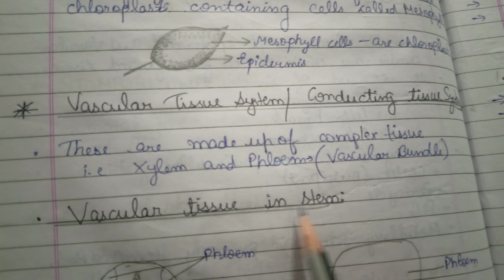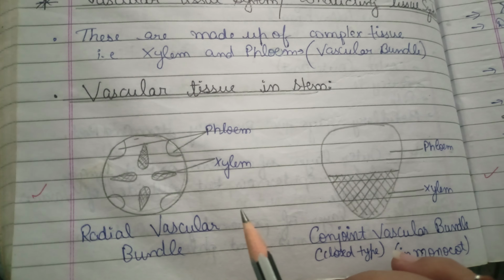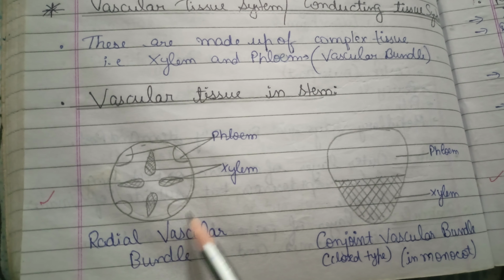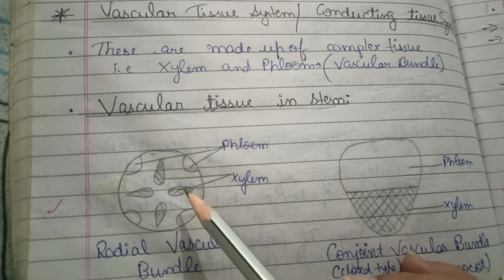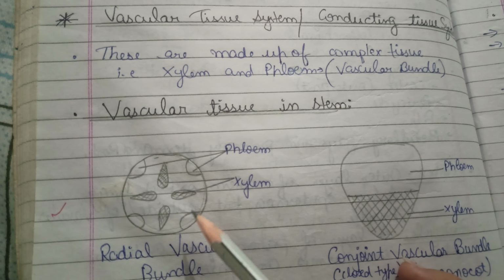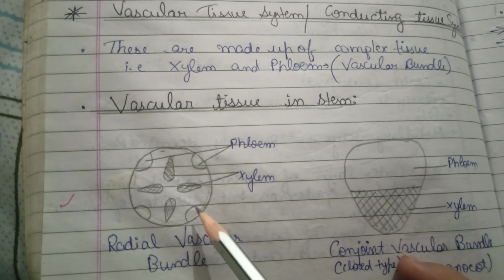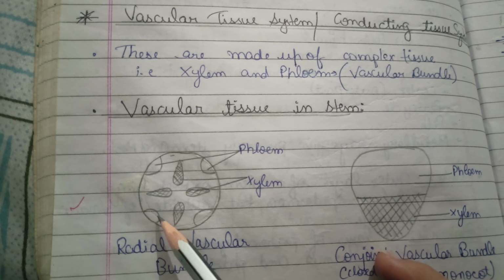Now vascular tissues in the stems. First of all we will see the types of vascular tissues. Now this is one structure we are going to know. This is the xylem and this is the phloem, which are present alternately. You can see one xylem, one phloem, xylem, phloem, xylem, phloem, xylem and phloem.